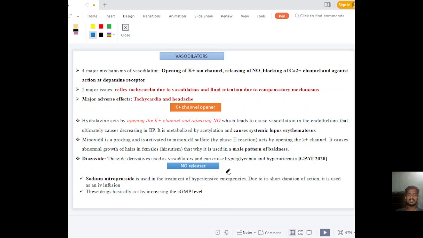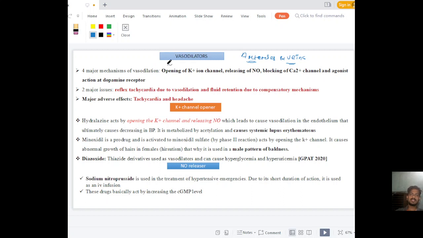If we talk about vasodilators, vasodilators are the class of drugs that basically dilate your arteries and veins.